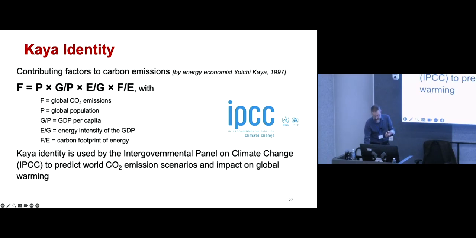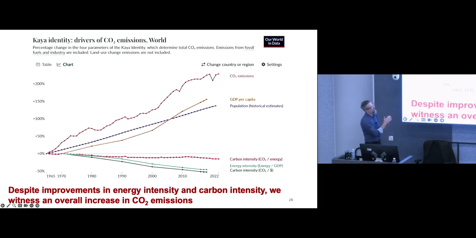Now, if we look at the different numbers, we end up with this plot. Population is growing. GDP per capita is also growing, which is great, right? We're generating more welfare across the globe, which is a good thing. And then energy intensity, the amount of energy that we need to produce one unit of GDP, is going down.